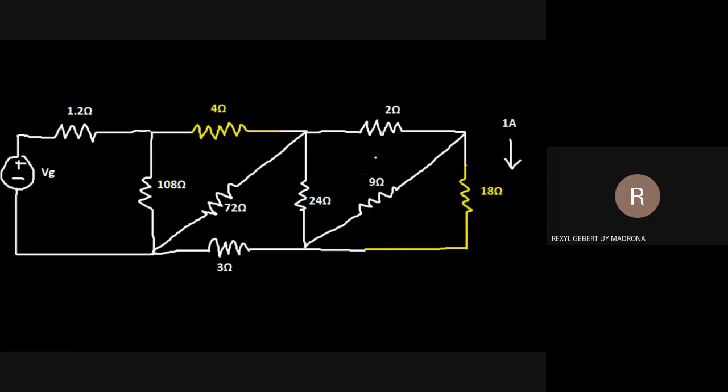So what we need to do first is to find the current inside the 9 ohm resistor. And we can solve this because we know that these two connections are in parallel. And that means the voltage in the 9 ohm resistor is equal to the voltage in the 18 ohm resistor, like these two.